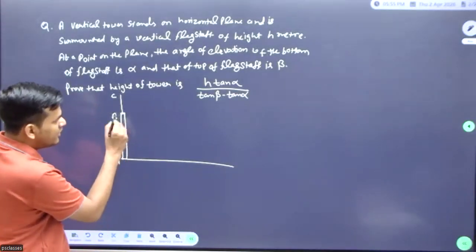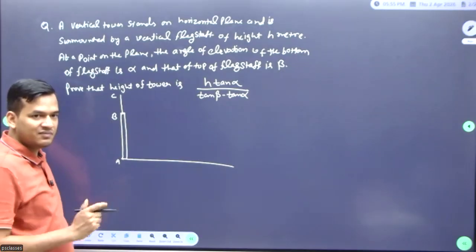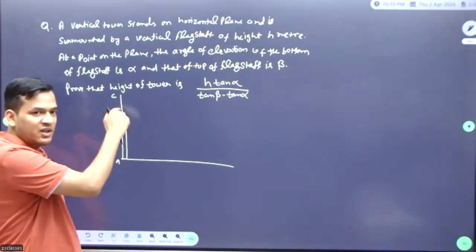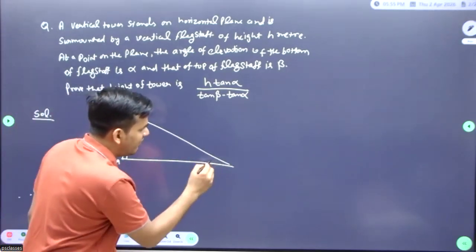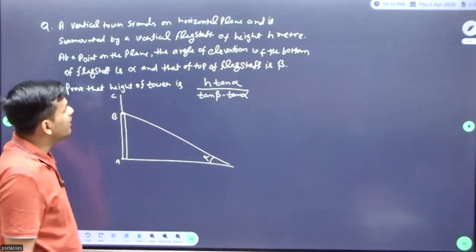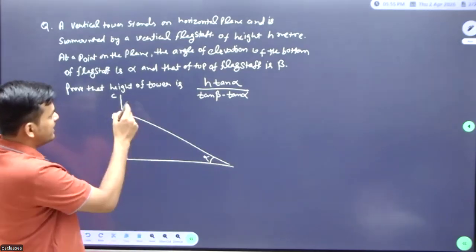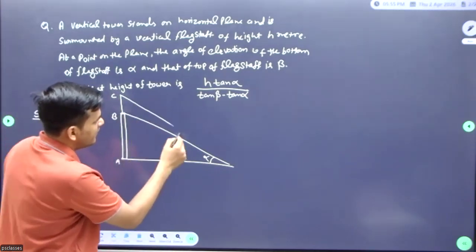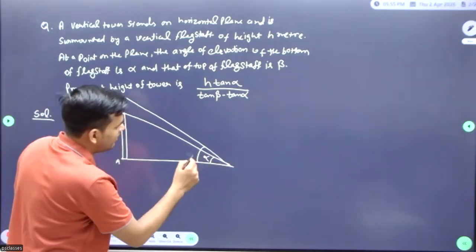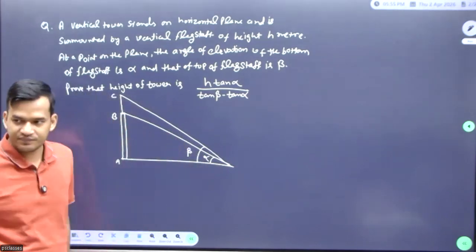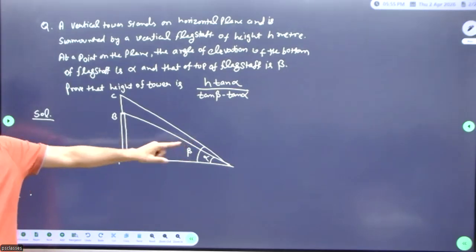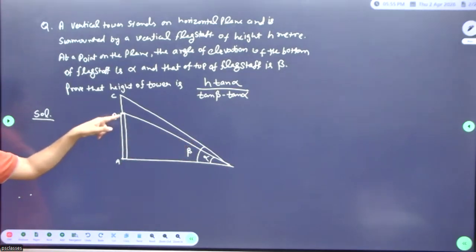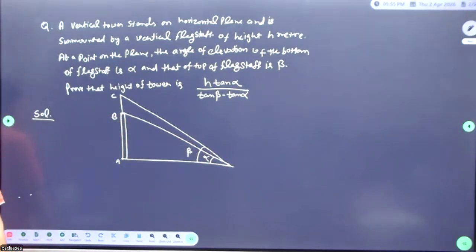Bottom of the flagstaff is the top of the tower. So this angle will be alpha. And the top of the flagstaff is beta, so this angle will be beta. Top of the flagstaff making angle beta and the bottom of the flagstaff making angle alpha. So this is the diagram.